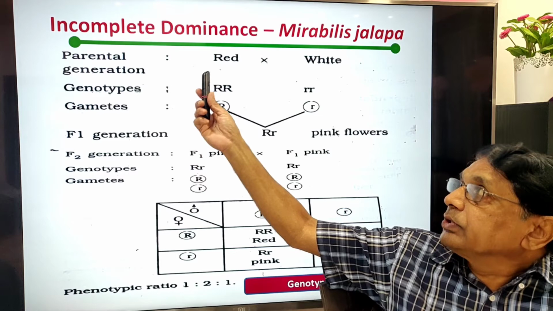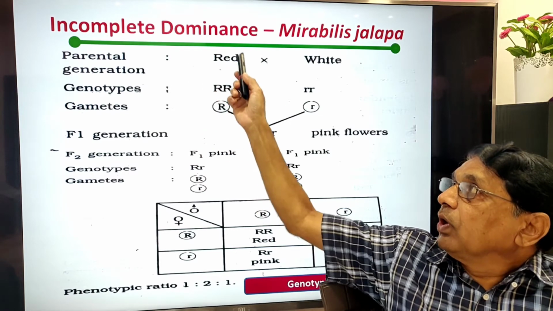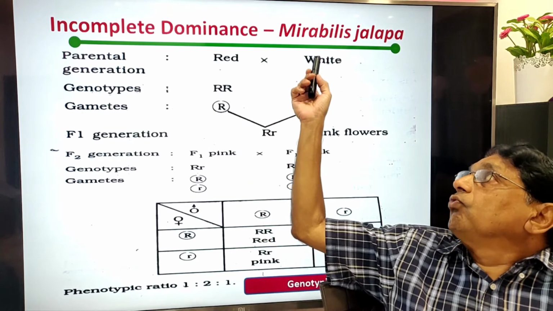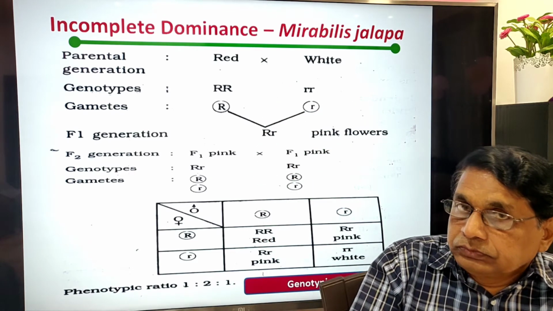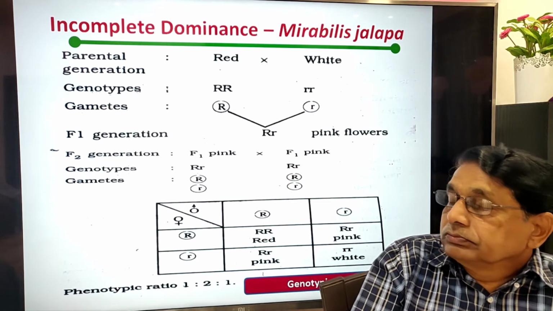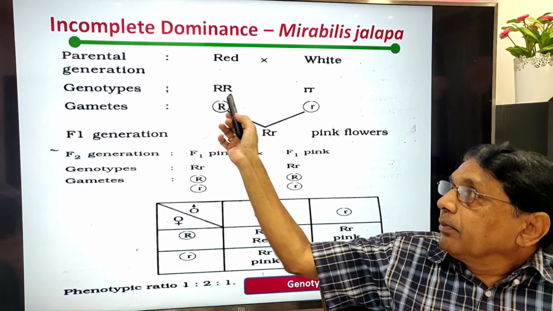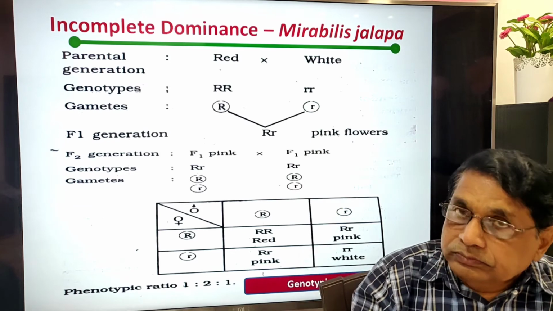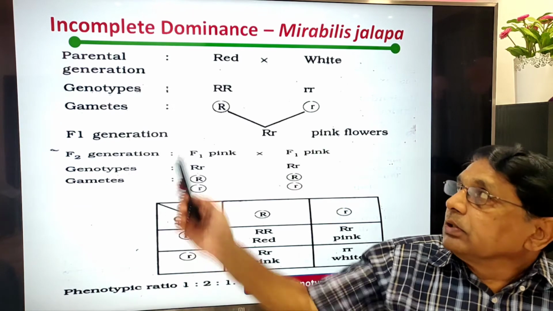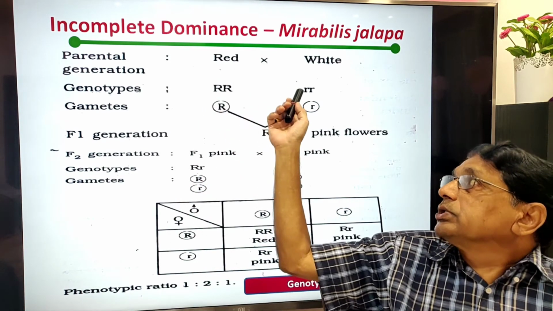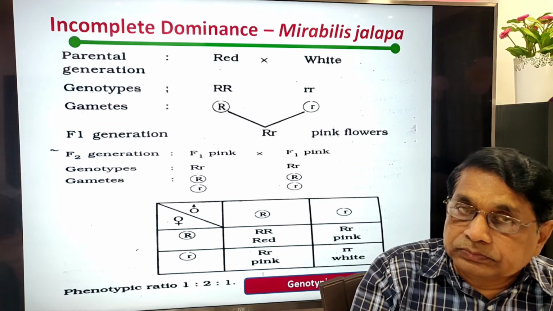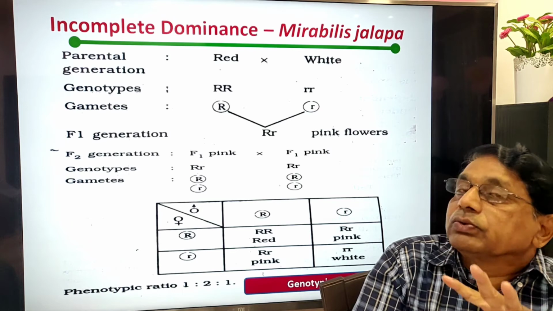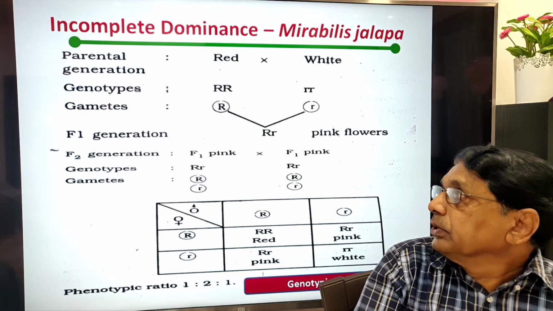For example, here you see one variety, pure line variety, with red flowers, another with white. Capital R genotype, small r here. That means we can say this is the dominant character, this is the recessive character. Red is dominant over white, we can say at least for the time being.